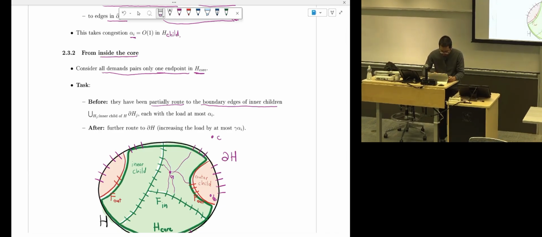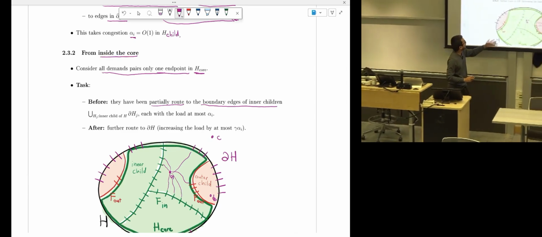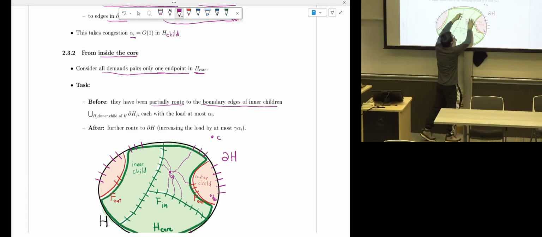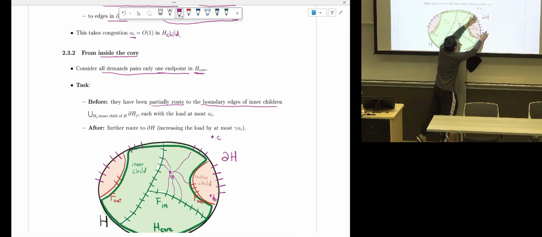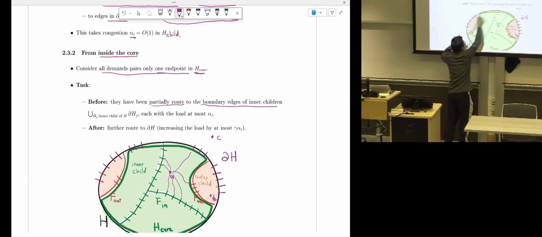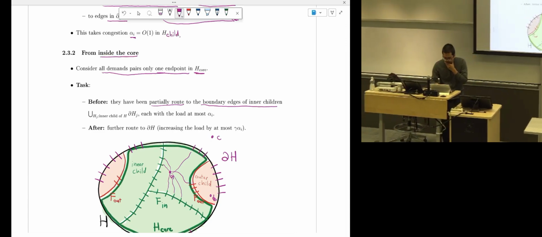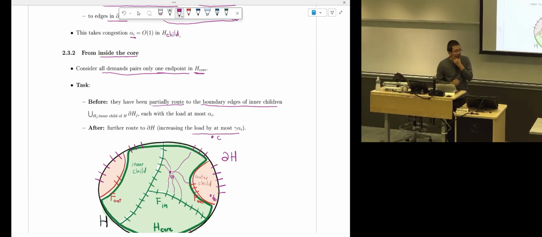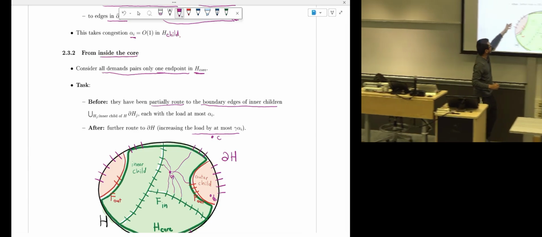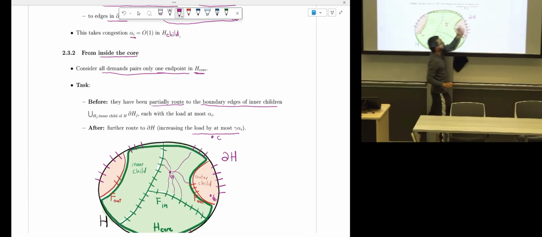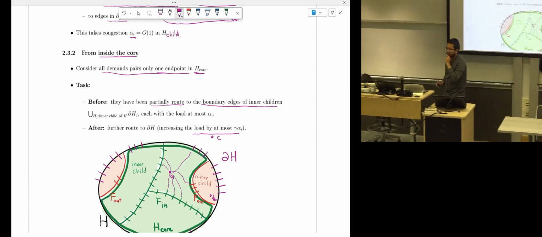Okay. But the goal is to route from the battery of these children to the battery of H. And also the load of H should increase by at most alpha I times 1 over log.